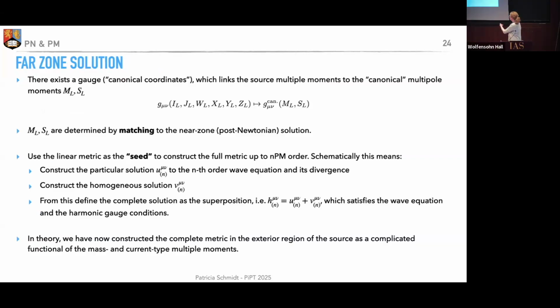All right, so you iteratively do this, and then in principle that sounds very easy. It is not. If you look at the papers, you have constructed your full metric now in the exterior region as a complicated function of these source type multipole moments.